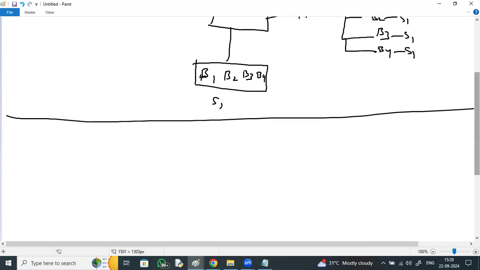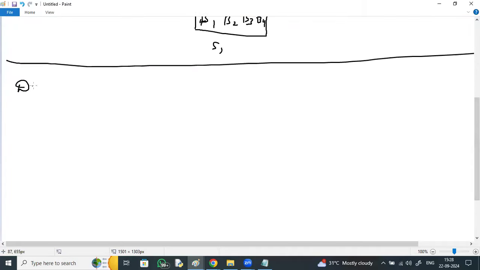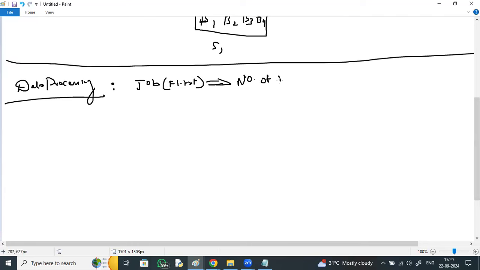Okay. Now data processing. In this data processing, the job is to process f1.txt. Into how many tasks?